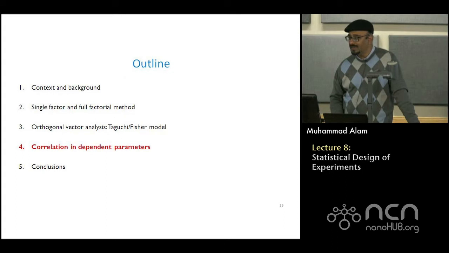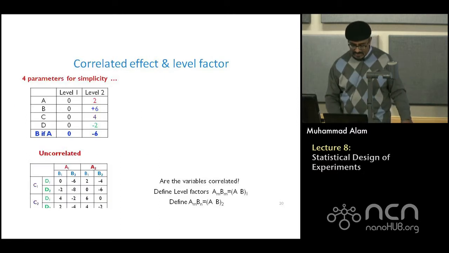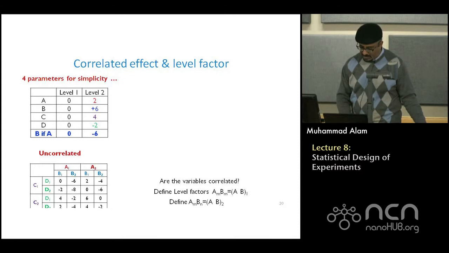Now, what would have happened if there was correlation? Let's say there are all these 4 rules when they are independent, but if A comes in, then B doesn't behave normally. B used to, on its own, give a +6 output.